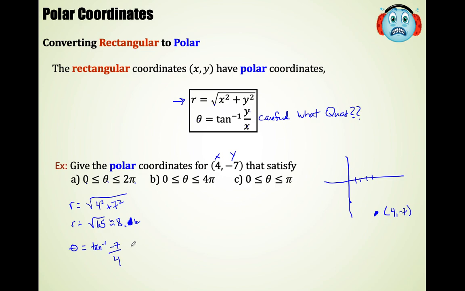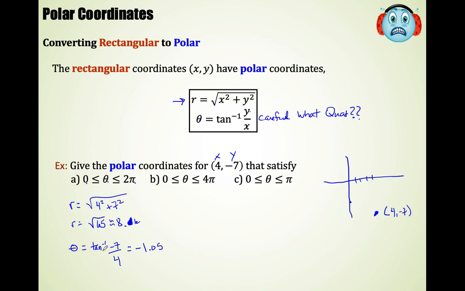But you have to remember that's not a special value. You have to know the domain of inverse tangent, which your calculator is programmed with. So when you do inverse tangent of -7 divided by 4, you get -1.05.